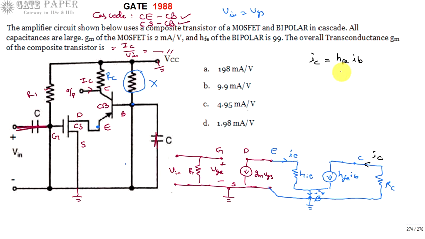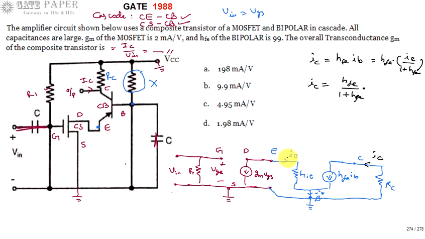And IB can be written as IE divided by 1 plus HFE, since IE is equal to 1 plus HFE times IB. So IB is equal to IE by 1 plus HFE, and IC is equal to HFE by 1 plus HFE multiplied by IE.